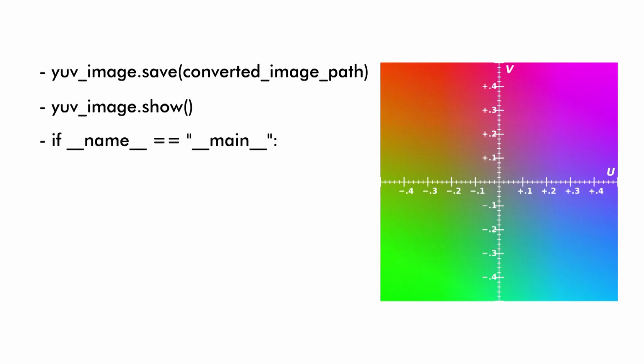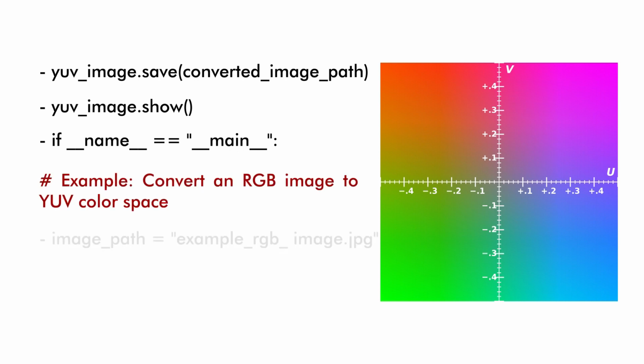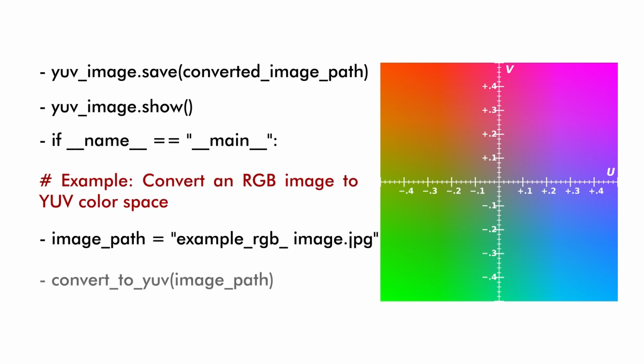In this code, replace example_rgb_image.jpg with the path to your existing RGB image. The code will open the RGB image, convert it to YUV using the convert method with the RGB mode, and then save the converted image as converted_yuv_image.png.